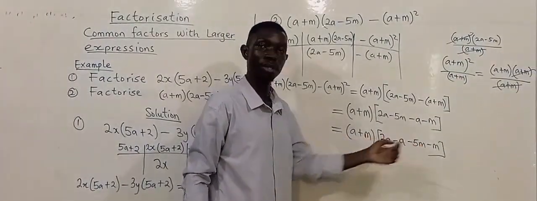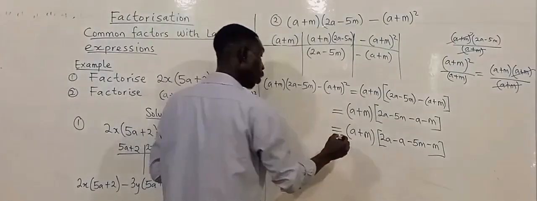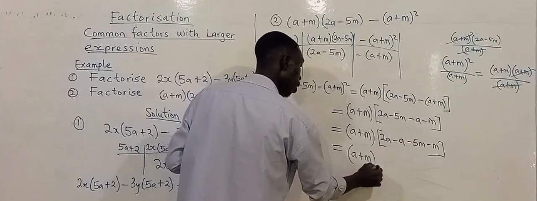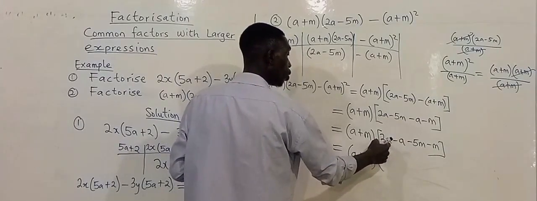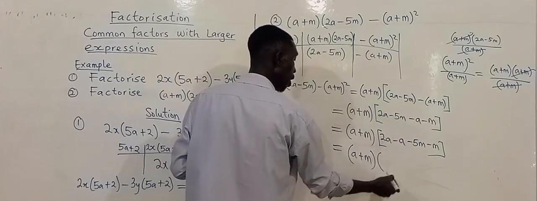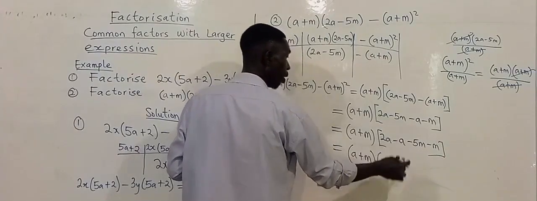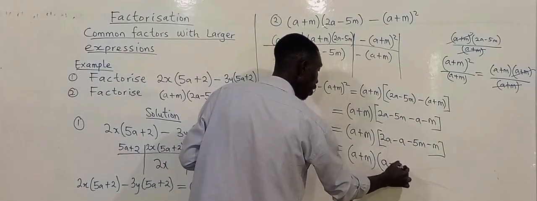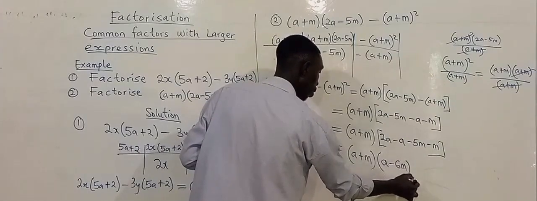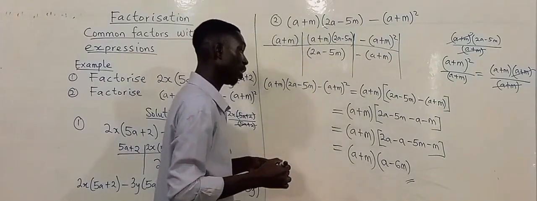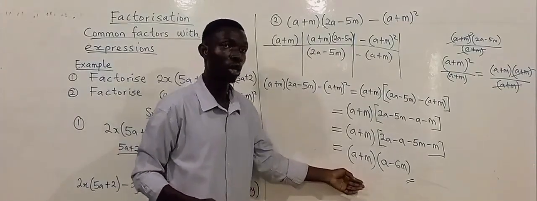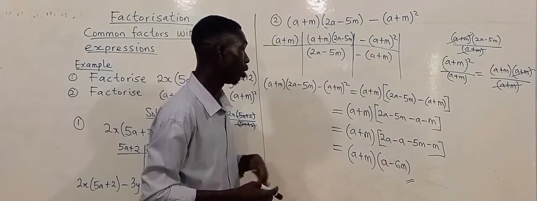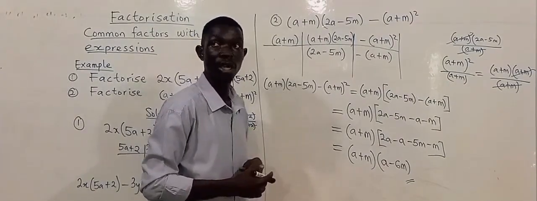These are the like terms there. Finally, we conclude by saying a plus m into 2a minus a gives us a, and then minus 5m minus m gives us minus 6m. So this is the solution to this problem. We've been able to factorize.